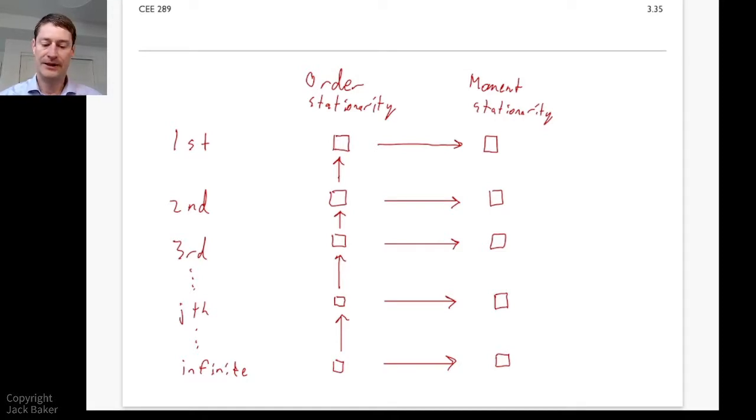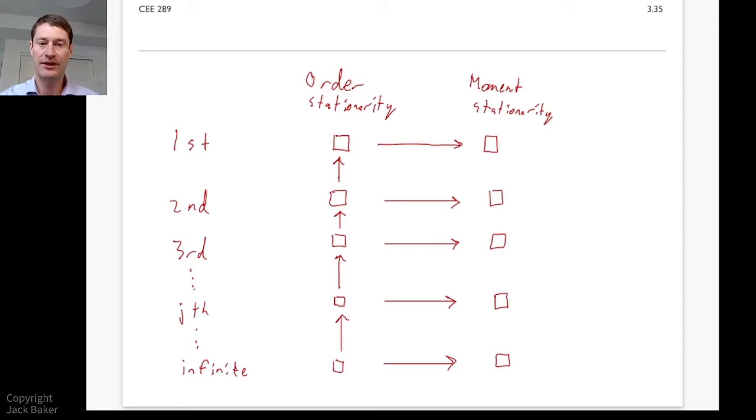So for whatever condition I can get to in order stationarity, everything above and everything to the right will also be stationary. If I have a condition of moment stationarity, that doesn't necessarily imply that other moments or other orders are stationary. So those are less broadly implying stationarity of other characteristics.